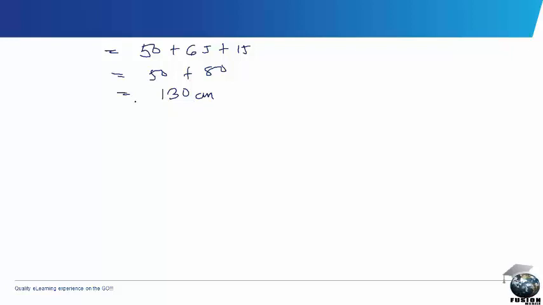So the perimeter of the object is equal to 130 centimeters. With this I believe the concept of perimeter has been dealt with. We'll be talking about areas.